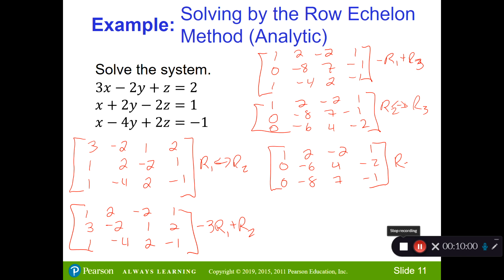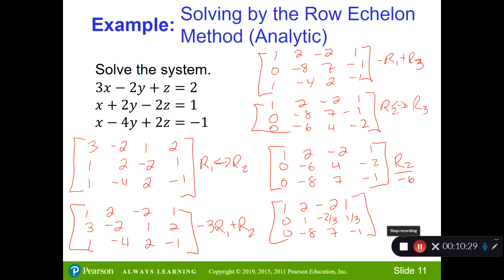Now I'm going to divide row 2 by -6 and put it back where row 2 is. So I'd have 1, 2, -2, 1, and then 0, +1, because I'm dividing by -6. Now if I divide this by -6, it makes -2/3. And if I divide this by -6, it makes a +1/3. And then 0, -8, 7.